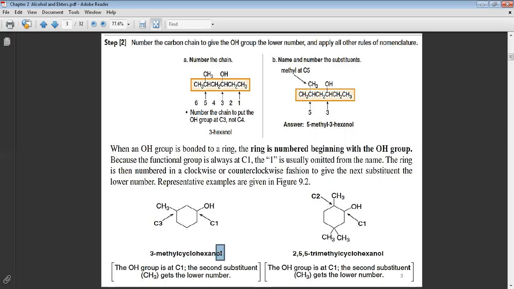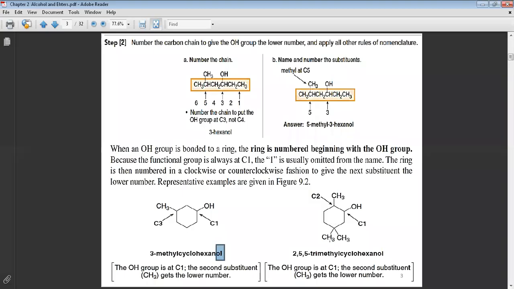So it will be 3-methylcyclohexanol. Now take this one. This carbon will always be number 1. Is it best to number 1, 2, 3, 4, 5, 6, or 1, 2, 3, 4, 5? No, it will be 1, 2, 3, 4, 5. Then we have 2 on the carbon number 2, and 5, 5, because we have 2 alkyl groups on carbon number 5.